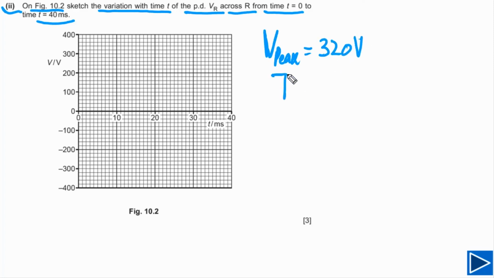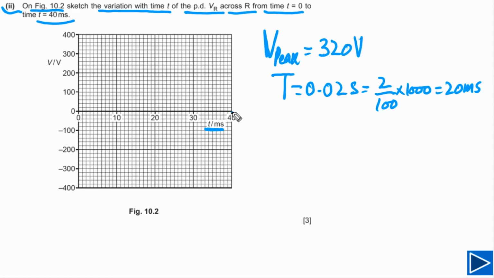We have also calculated the time period, which was equal to 0.02 seconds. We can convert this into milliseconds because the time axis is in milliseconds. So we divide by 100 and multiply by 1000, and we get the time period in milliseconds, which is equal to 20.